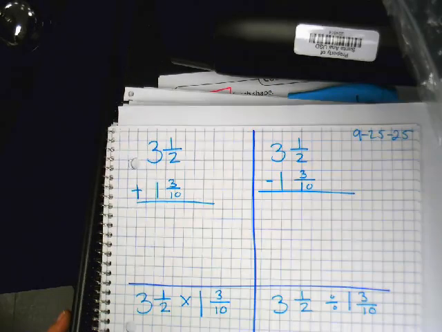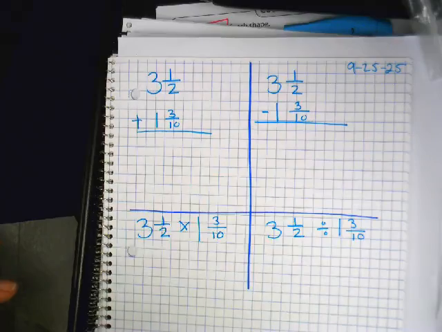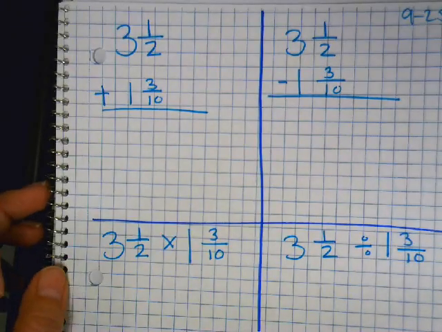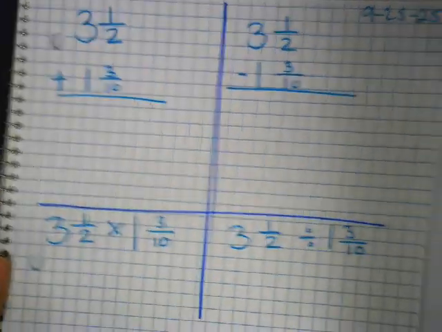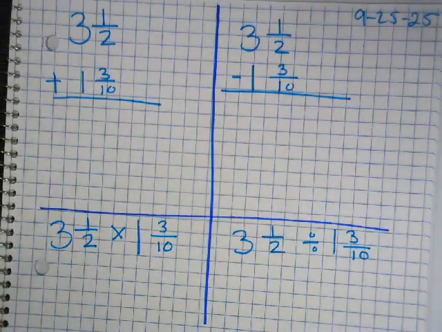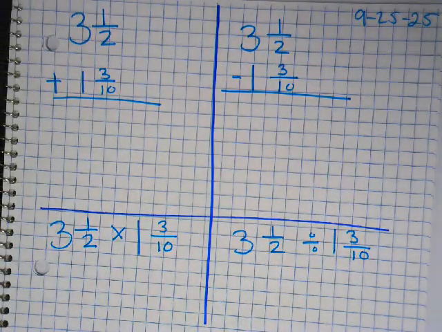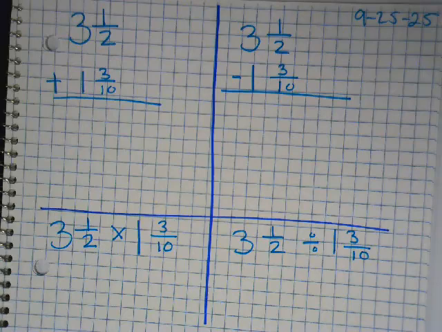So, same numbers. The only thing that changed are your operations. Okay, do you think, given the same exact numbers, we're going to get the same answers?